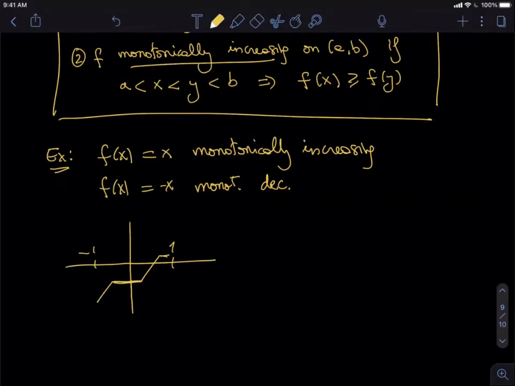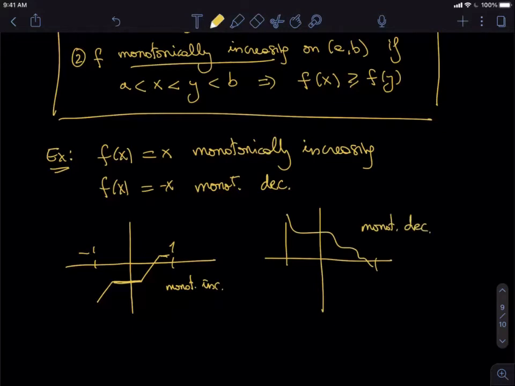So in those parts we always have the equality. So this one would be monotonically increasing, and then we can have something like this if we wish. This would be monotonically decreasing, again, even if it has flat parts.